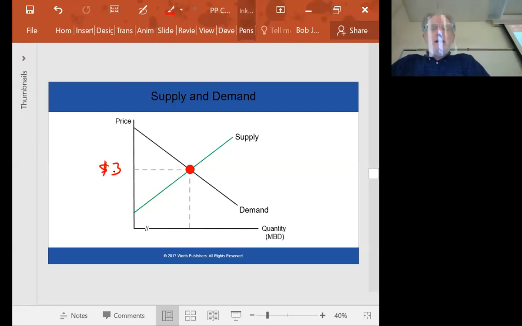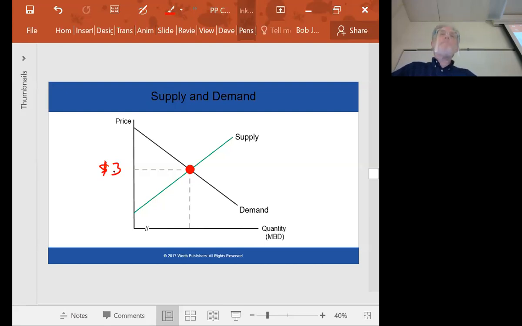And a number of restaurants in this city decide, we're not making it. They go out of business. We call that exit from the market. So if we have an exit from the market, we have producers who are choosing to go out of business, how would we represent the effect of that in this graph?